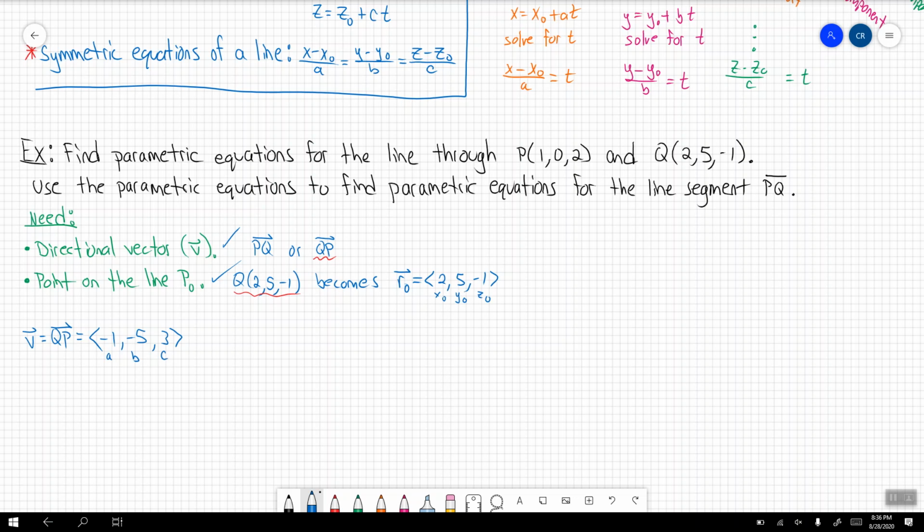Now the big question was that we need to find these parametric equations. And that's what I want to do here. Let's give those parametric equations. Here we go.